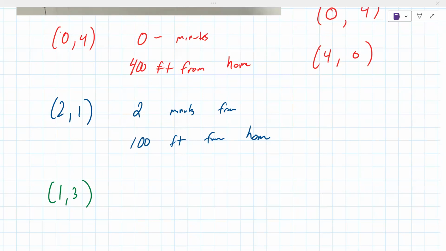X value refers to his time from now in minutes. What does that mean for this scenario?